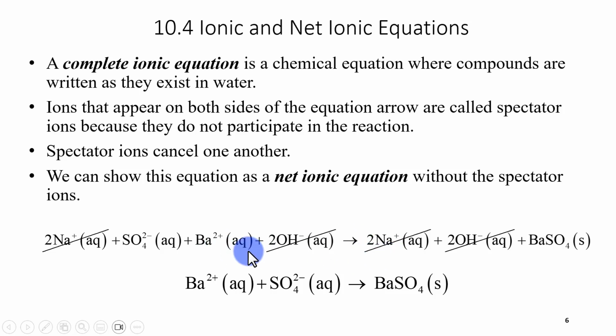Now, if I do a double displacement reaction here, if my sodium was paired up with the SO4, what is the other negative ion that I can pair sodium with? Well, that is the hydroxide. So I can write sodium hydroxide.